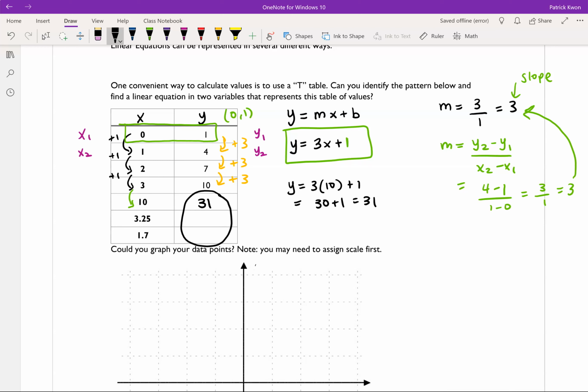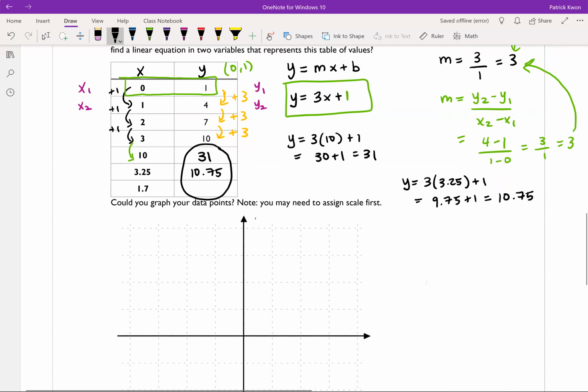I'm going to go ahead and now do it for 3.25. So that is going to give us a value of 10.75. I'm going to go ahead and let you do the last one on your own. So go ahead and plug that in and see what you get.